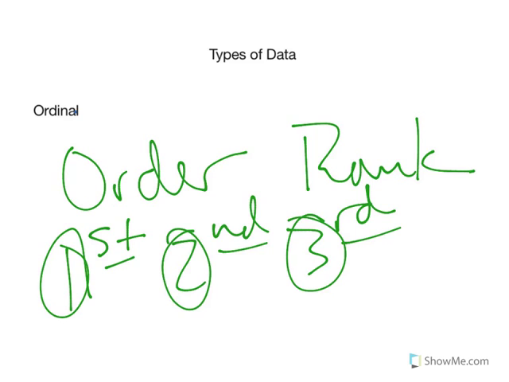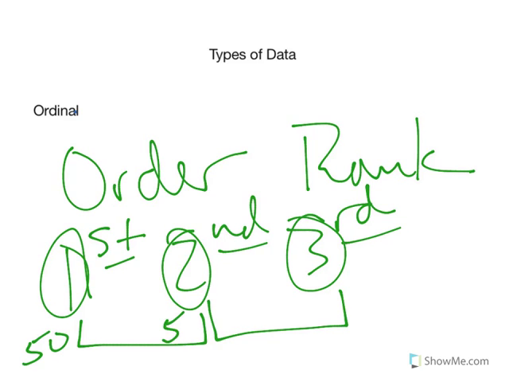The critical thing to understand about rank data, or ordinal data, is that the distance between 1 and 2, and the distance between 2 and 3 is not uniform. Think of marathon finishes. Let's say this guy finishes in 50 minutes, and this guy finishes in 51 minutes, and he gets first, second.